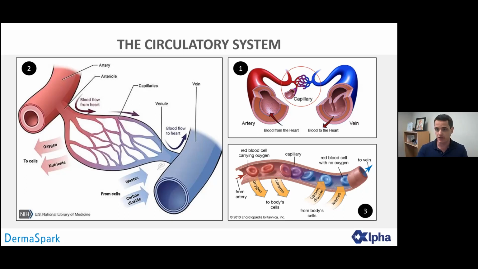When the capillaries are joined back together in the area that is closer to the venule, then the pressure outside of the capillaries is greater than the pressure inside of the capillaries, and this is what pushes all the waste and the carbon dioxide and excessive fluid back into the microcapillaries and then into the venule, eventually back into the veins.